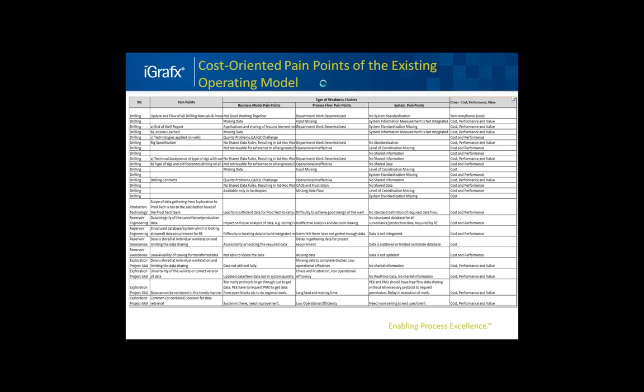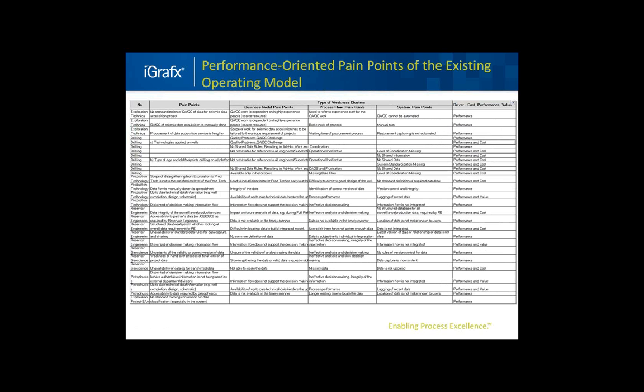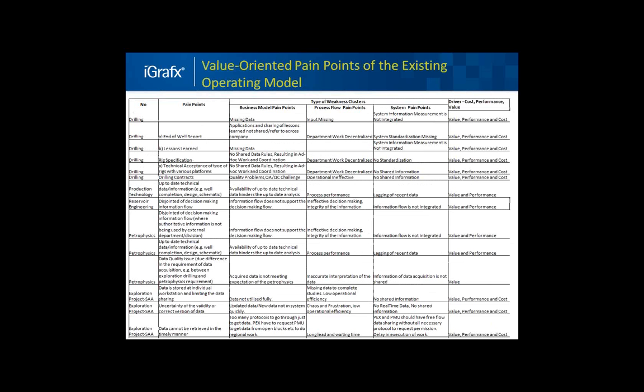This is the performance-oriented pain points in the rest of the organizations. You remember the operating model showing how they should be integrated, those aspects. And these are the value-oriented aspects that have been hurting. So in other words, it truly has an impact if there is an operating model deficiency, not working very effectively or in an efficient way.